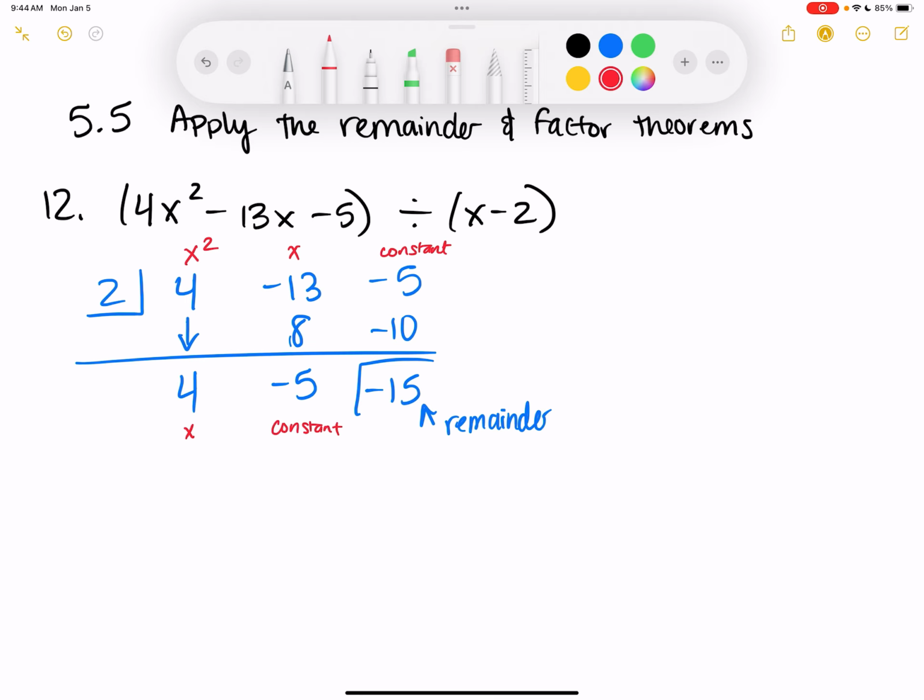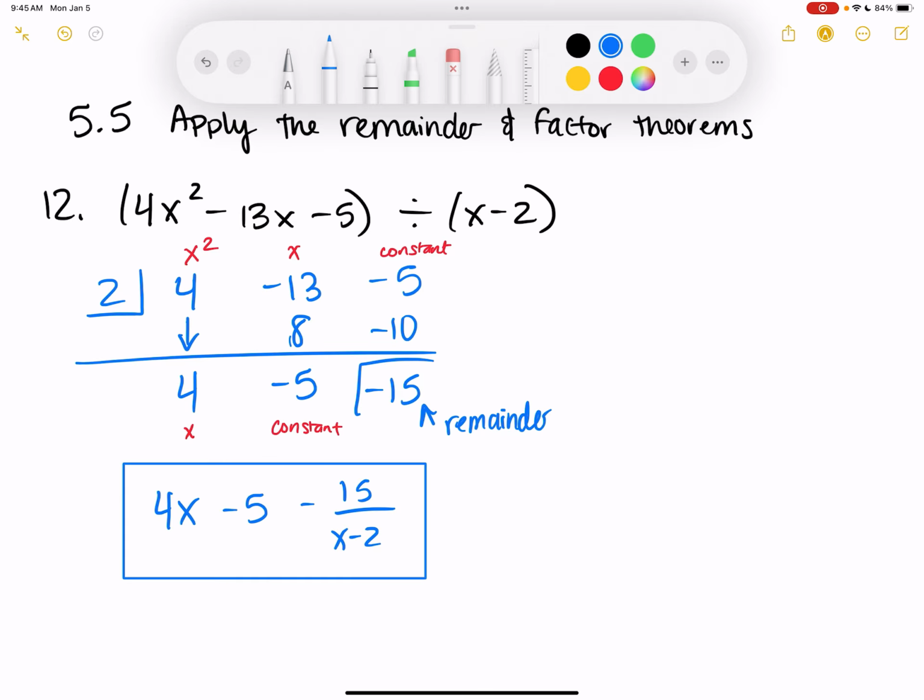So the way we write our answer is 4x minus 5, and then whatever sign is on here, either plus or minus, so minus 15 over x minus 2. So this is how we write our remainder: whatever the number is over whatever we divided by. So that's going to be your final answer there.